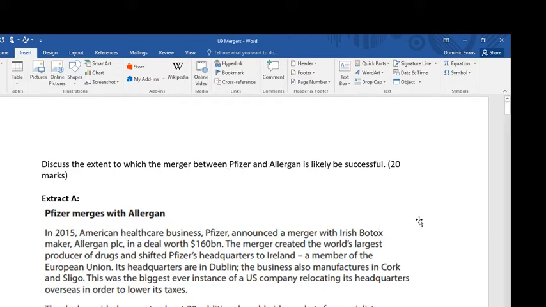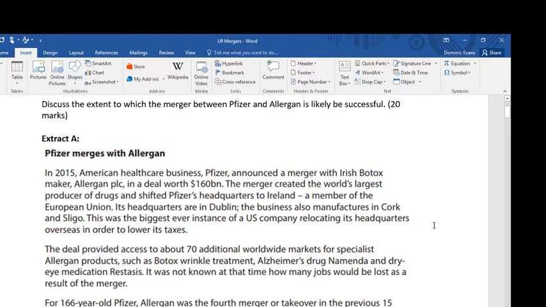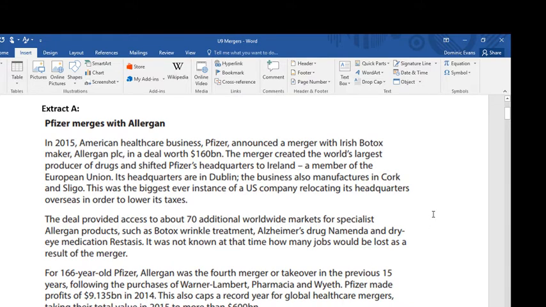And so, without much further ado, let's get on with answering this question, which is, will the merger between Pfizer and Allergan be successful? I've actually taken these from an Edexcel paper, but it's similar for AQA. So it might be worth you reading this, pausing the video.